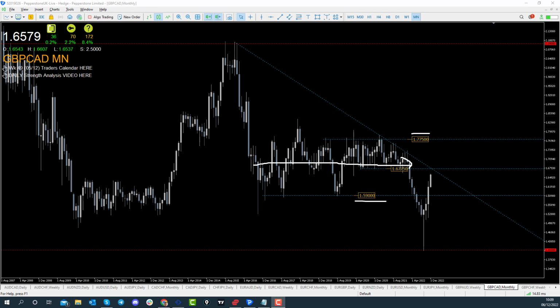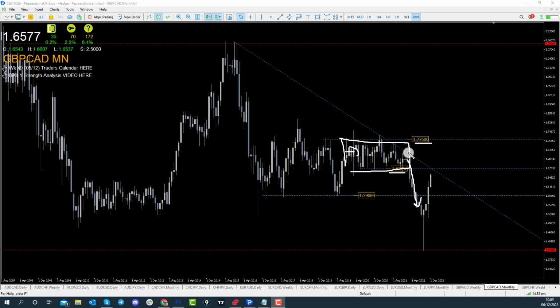Now within that range, there was a tighter range as well between the 1.6775 handle and the 1.7750 handle, which was just through here. You can see that price really struggled to trade out of that zone for quite a while, from 2019 all the way into April 2022, before price broke to the downside here and moved lower.